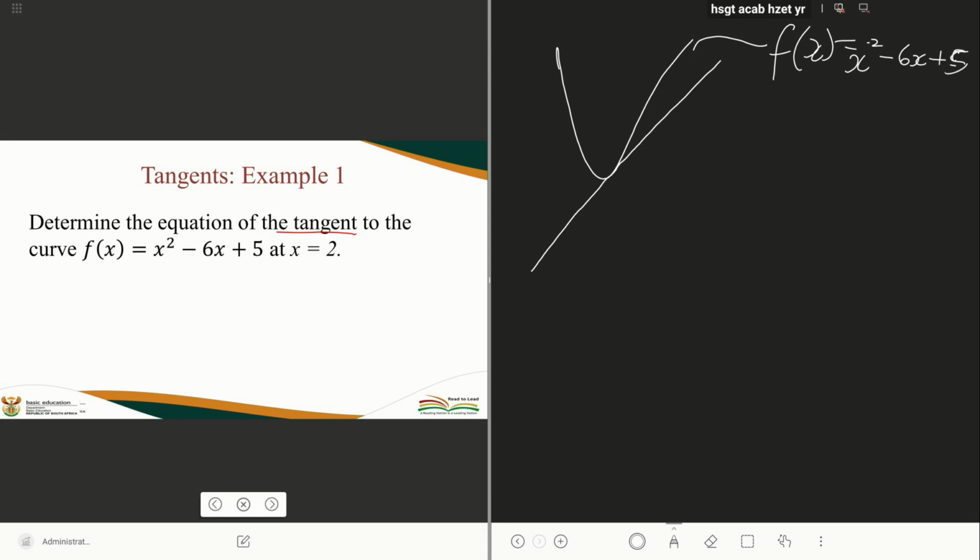First, you're given the equation of f of x. Number 2, we are given the x value where these two graphs, f of x and the tangent, meet at the point of contact. Would you allow me to say we have the x value as 2, but we don't know yet the y value? Okay, how is that solved? Let's follow that.